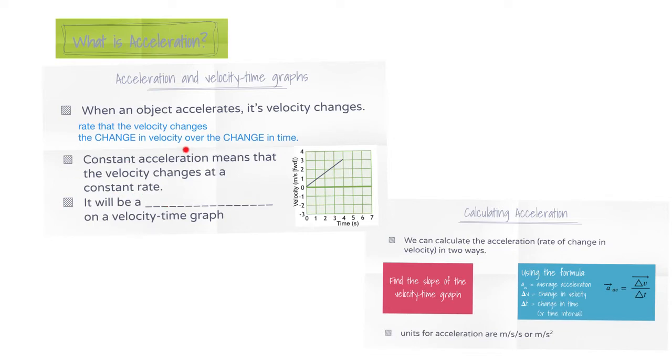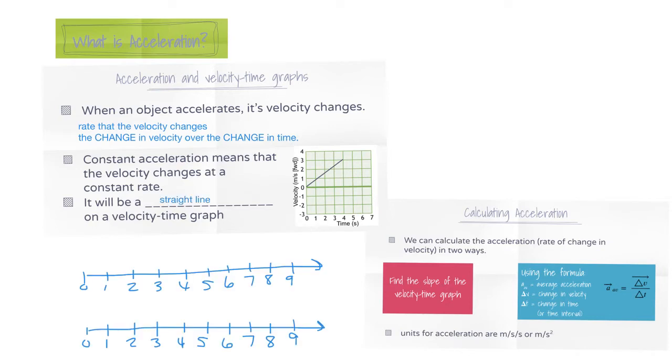If we have constant acceleration, we'll get a straight line on a velocity time graph because the velocity is changing by the same amount every second. Just like when we were walking at a constant velocity, we had a straight line because our position was changing by the same amount each second. Here, the velocity is changing by the same amount each second, and I get a straight line.